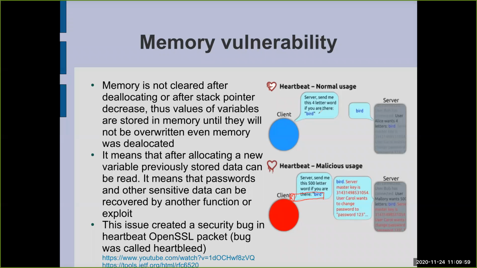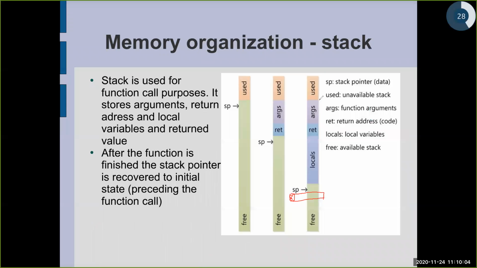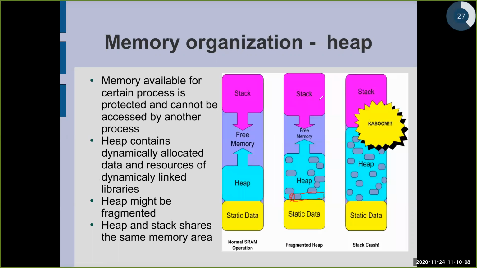Okay, so it shows you the problem with memory allocation. So my question is how we can protect against information leaks in our application.